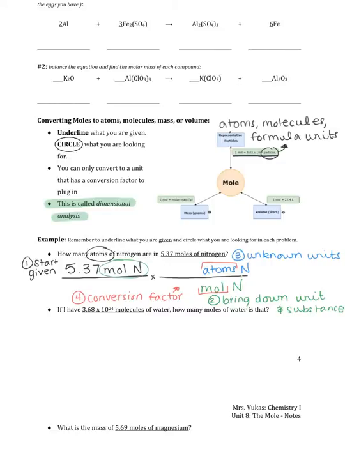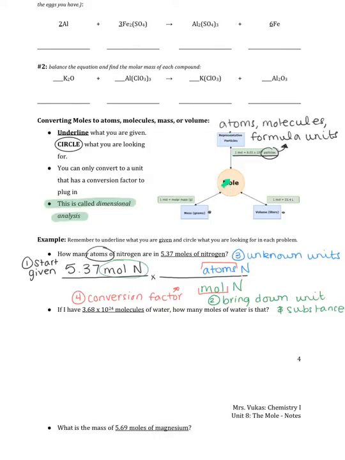A conversion factor for chemistry is how we can relate moles and atoms together. Remember this chart that was up here? You want to look on this chart for the two units that you are converting between. We are converting between moles and atoms, and remember, an atom is a representative particle.